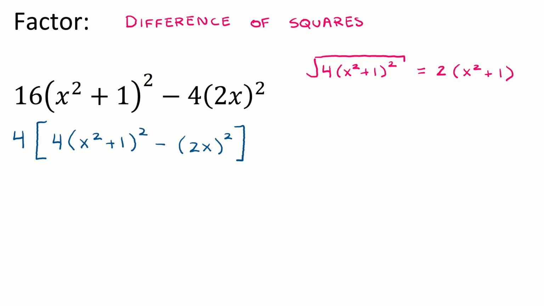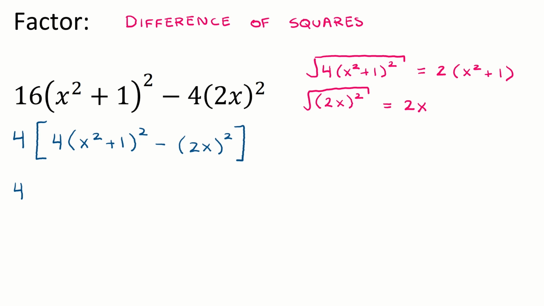For my next one, I have (2x) squared, and I'm going to take the square root of that, which just cancels out the squared. So the square root of (2x) squared is just 2x. Then we can plug it back into our two brackets.